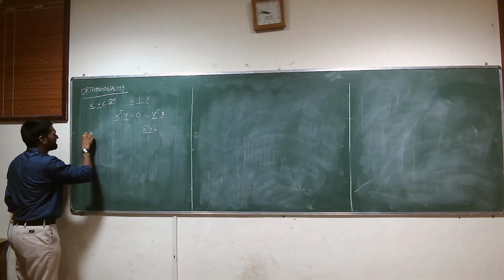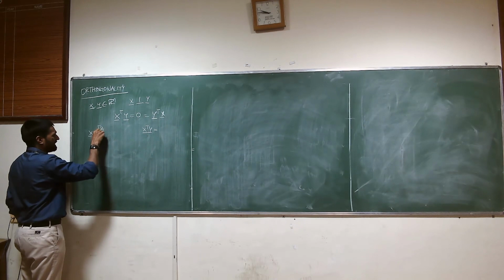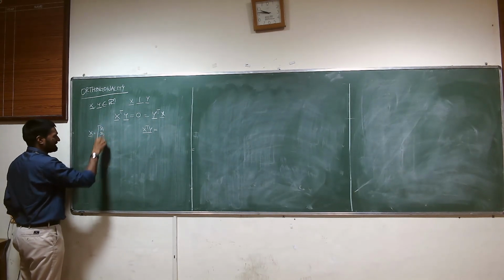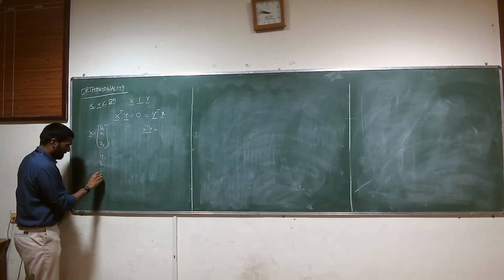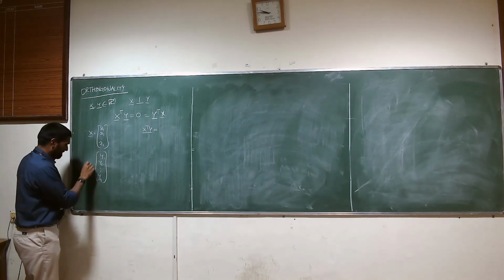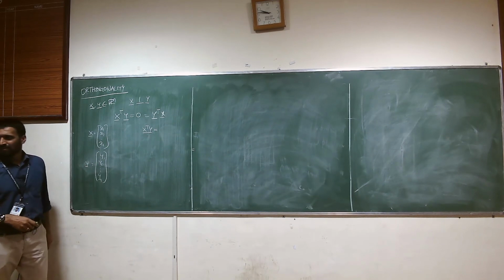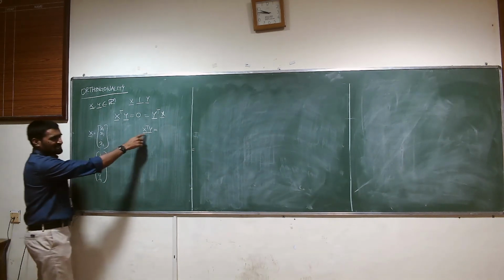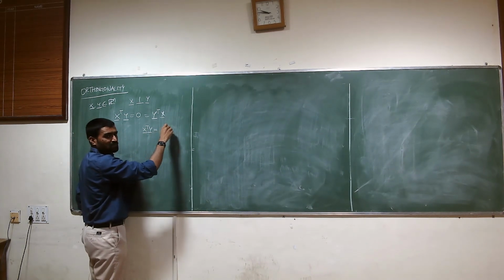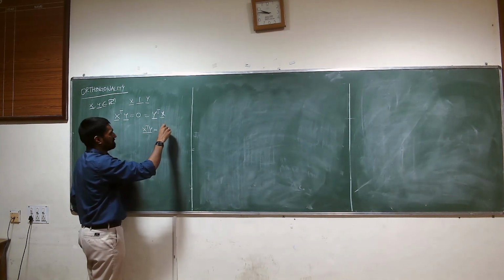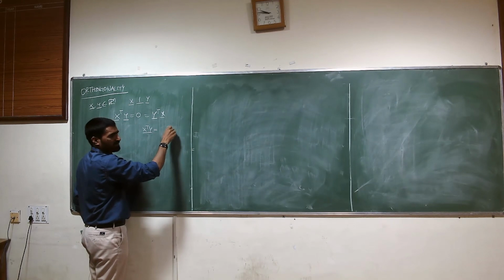What is x? x1, x2, up to xn. Similarly, y is y1, y2, up to yn. What's x transpose y? This you have to know by now. What is the expression?